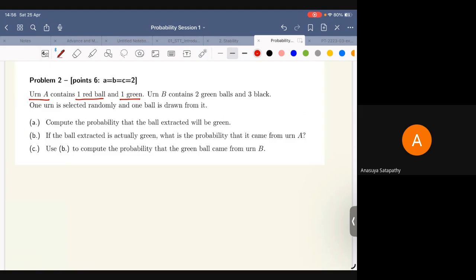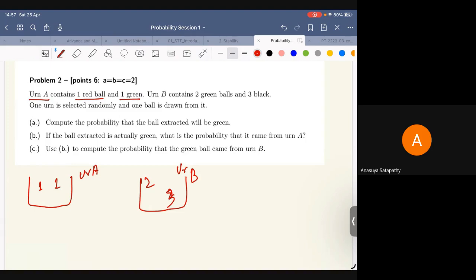Can you hear me? Yes. Okay. So one red ball and one green ball. So we have two bags. Imagine urn A: one red, one green. And we have one more bag, urn B, which has two green balls and three black balls.